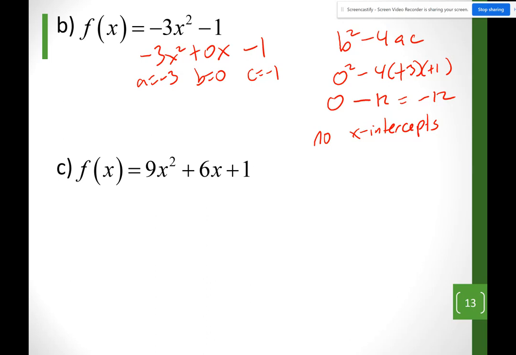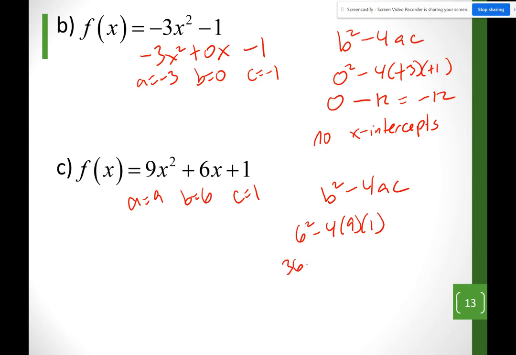Take a look at example C. My a is 9, my b is 6, and my c is 1. Remember, I'm looking at the formula b squared minus 4ac. So I have 6 squared minus 4 times 9 times 1. I know 6 squared is 36, minus 4 times 9 times 1 is 36. 36 minus 36 is 0.